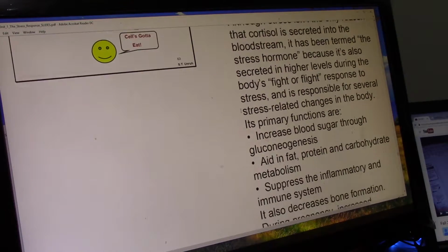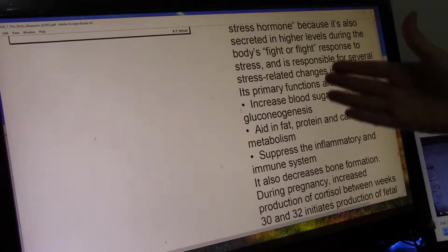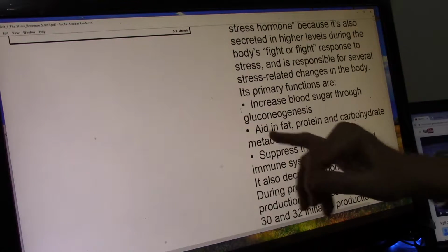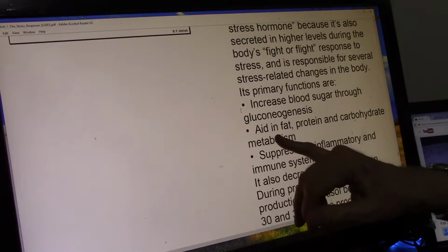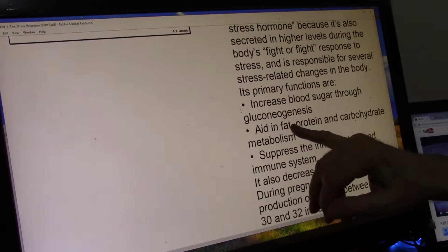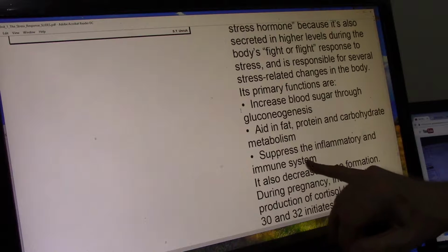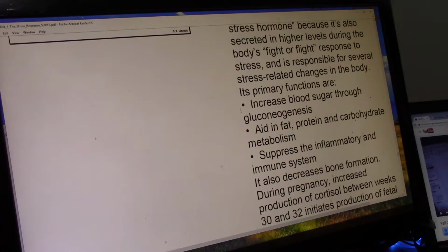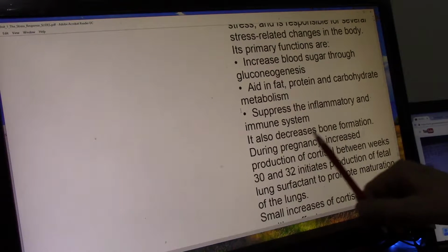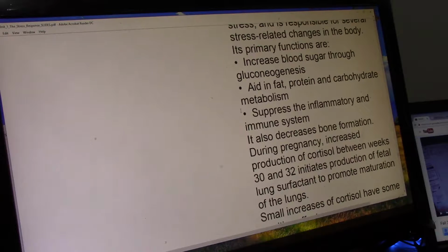Okay? Here are just some of the effects of cortisol. It increases blood sugar. It aids in the metabolism or the breakdown of fats, proteins, and carbs. Now, it will suppress the inflammation and immune system. Okay, and it will also decrease bone formation.